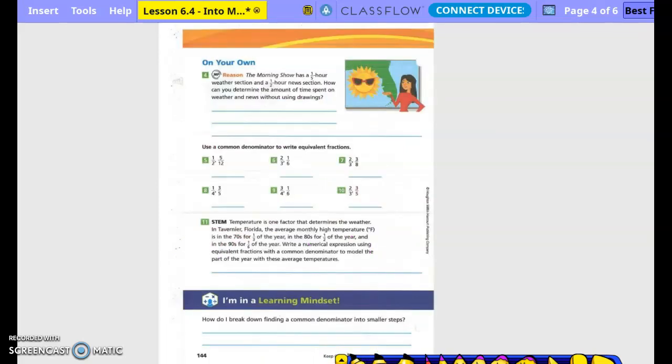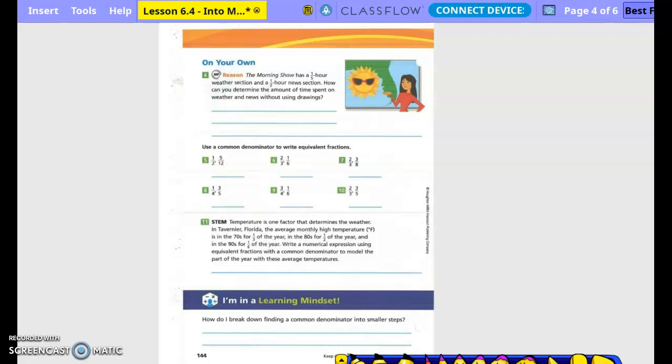On your own, the morning show has a 1/2-hour weather section and a 1/5-hour news section. How can you determine the amount of time spent on weather and news without using drawings? So we need to do what? A common denominator.